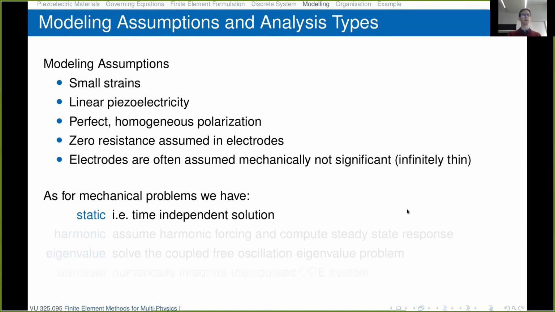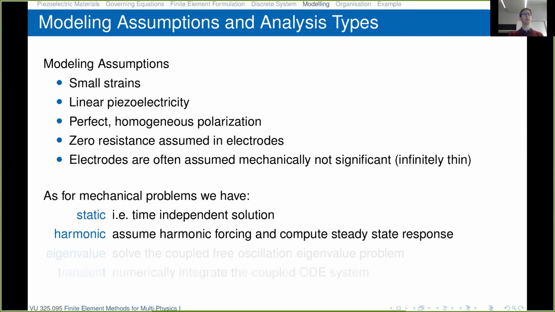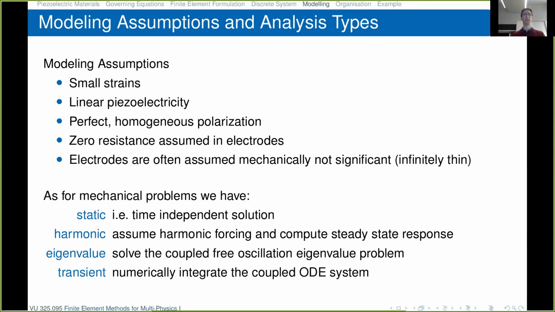And finally, we have, as for mechanical problems, a static analysis type, and a harmonic analysis type where we compute the steady state response due to harmonic forcing. We can do eigenvalue analysis, and we can also do transient analysis and integrate the coupled ODE system in time.